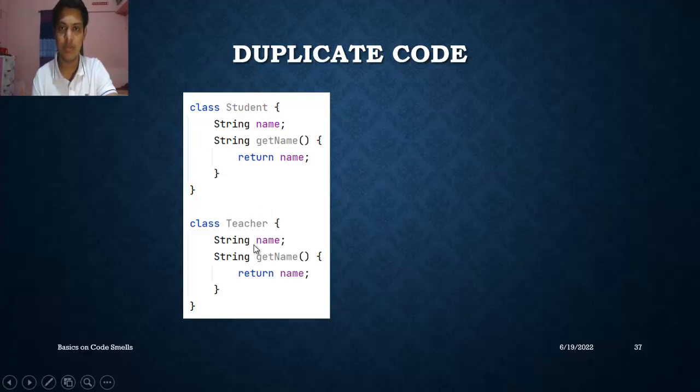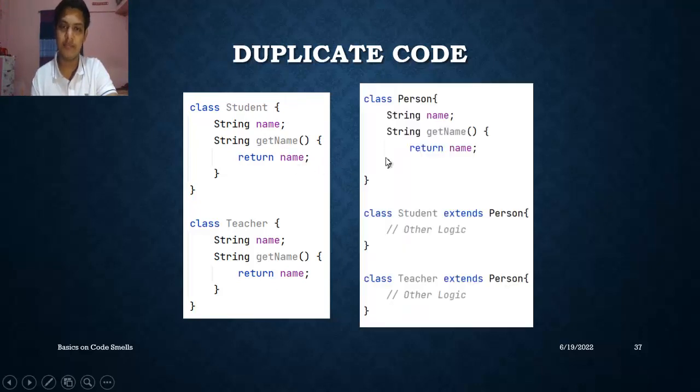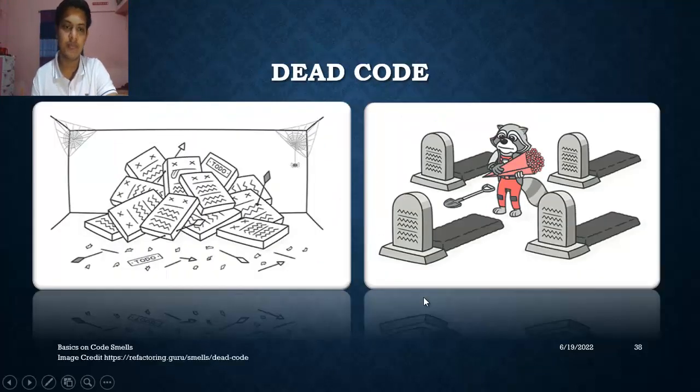In the Teacher also there is a property called name which returns the name, but there is some code duplicacy here, so we can reduce it by creating a new class called Person which has name and returns the name, and Student and Teacher both will extend the Person class and use their other logic. Student will use student logic and Teacher will use teacher's logic.